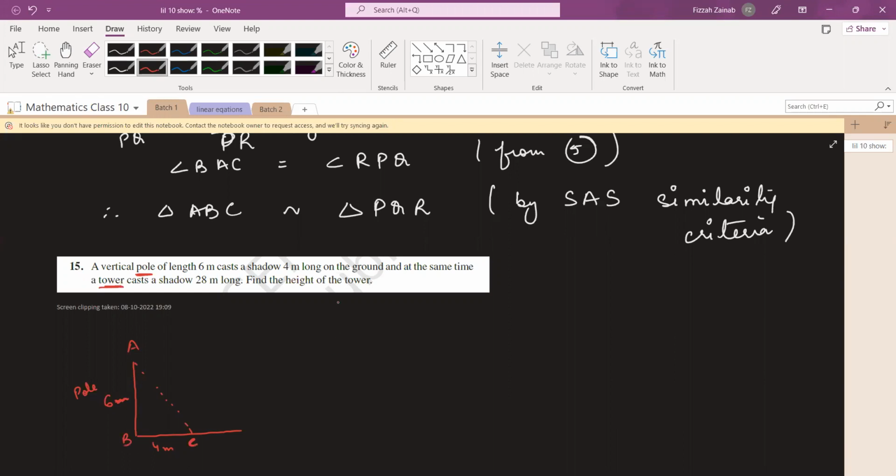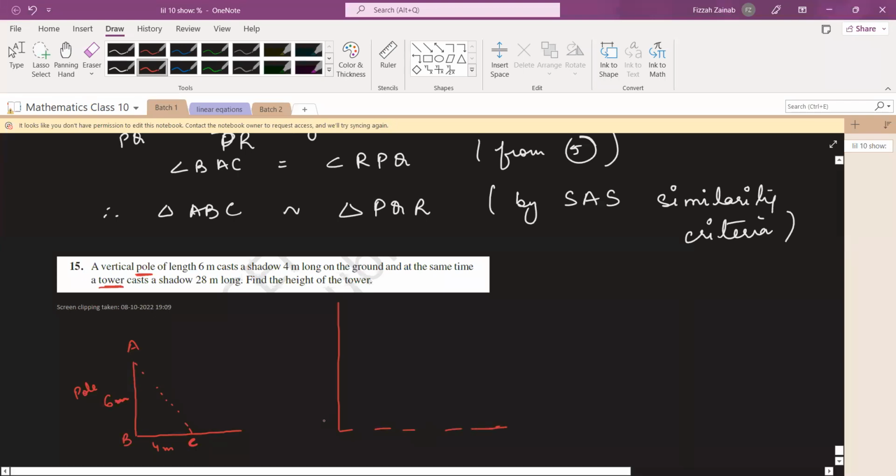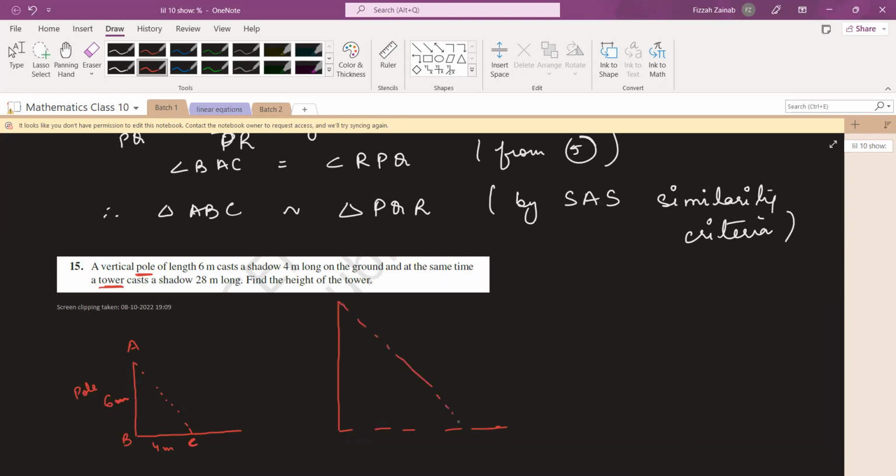So there's a tower, let's say like this, and this is again my ground. The length of the shadow is 28 meters. Give it some name, DEF, right? Find the height of the tower.